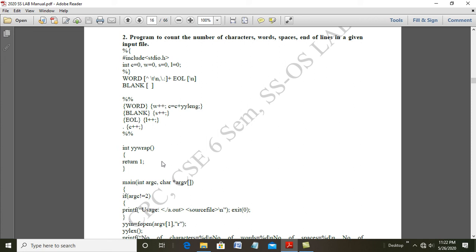And as I told, in the declaration section, counting is required: the number of characters, number of words, spaces and number of lines, right? How can we identify that something is a word? A word is nothing but a sequence of characters or a string. If I say computer science, computer is one word, science is another word.